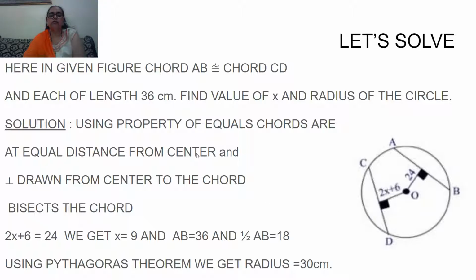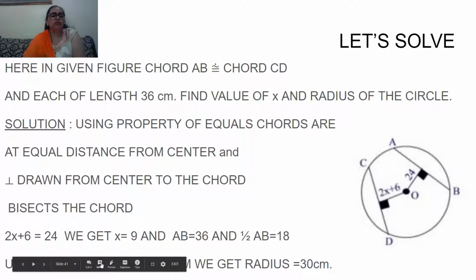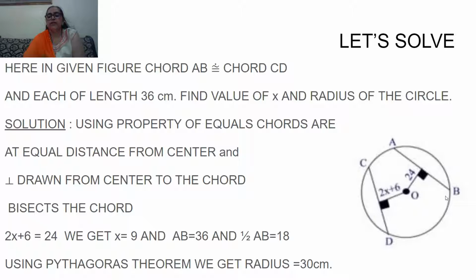Using the property that equal chords are at equal distance from the center, we know that 2x plus 6 is equal to 24, and we get x equal to 9. Secondly, the perpendicular drawn from the center to the chord bisects the chord. As AB is 36, half of AB is 18, and using Pythagoras theorem in a right angle triangle, we can find the radius of the circle to be 30 centimeter.